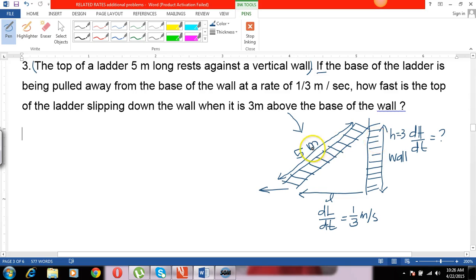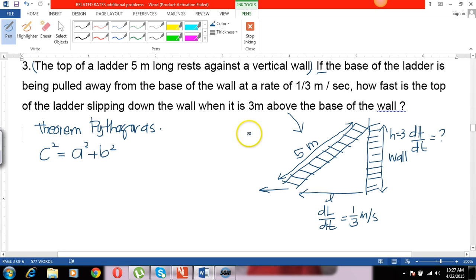Now we have the hypotenuse equal to 5 meter, the height equal to 3 meter, but we don't have any information on L. But we can find it from the Pythagoras theorem. The theorem states that C squared equals A squared plus B squared, where C is the hypotenuse.